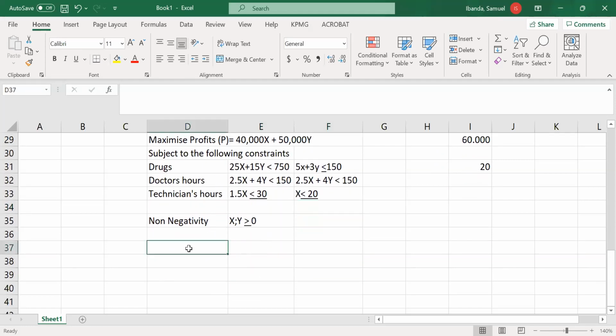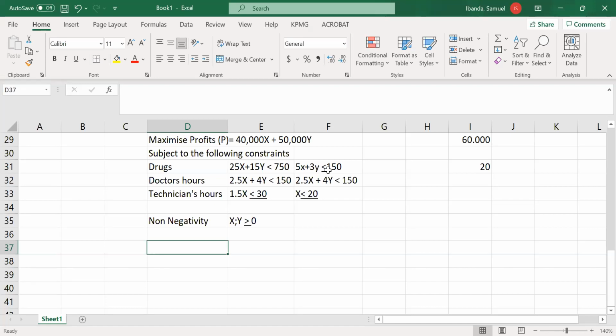Now from there, we go to add what we call slack variables. Now, slack variables basically help us remove this less or equal.